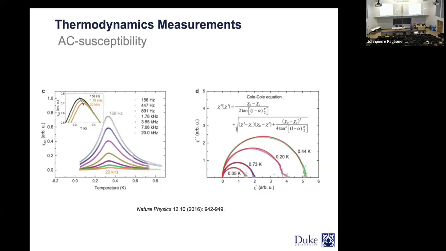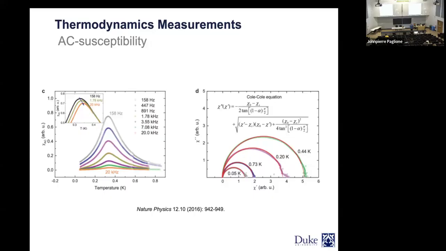If you have a single relaxation time, so if your system is dynamic, you would have one relaxation time, and that alpha is going to be close to zero. When that happens, if you put alpha close to zero in the equation, it's going to give you a circle, okay?